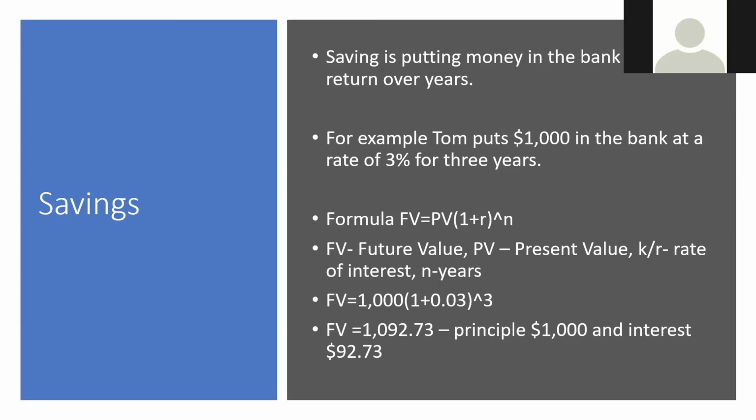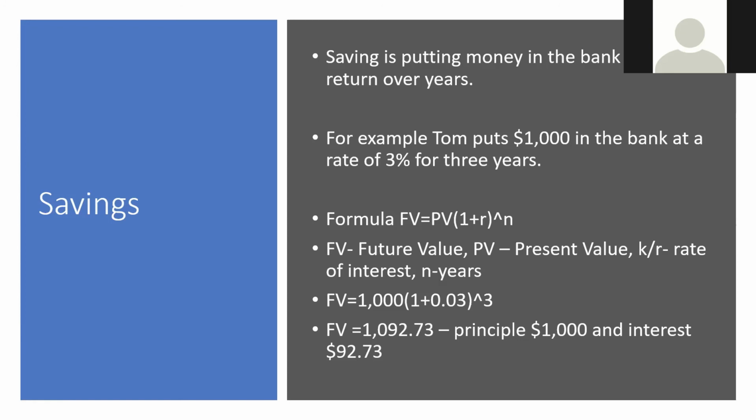So the concepts are, the first one is FV, which is the future value. We know, like, now is the present, and tomorrow is the future, next week is the future, next month or next year is the future.